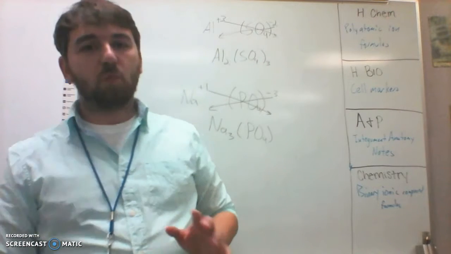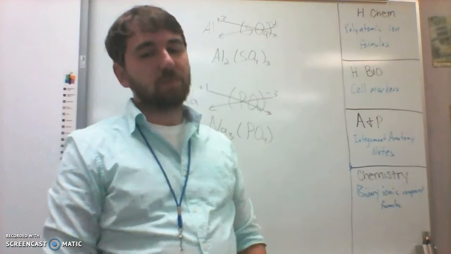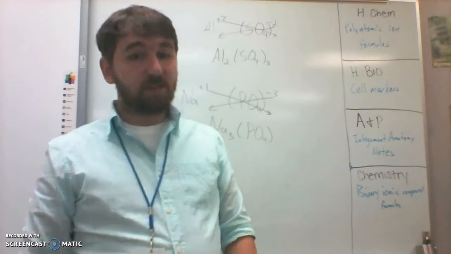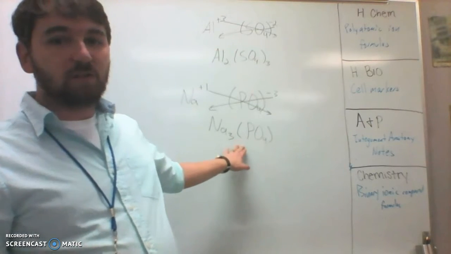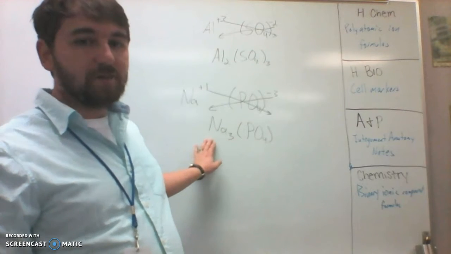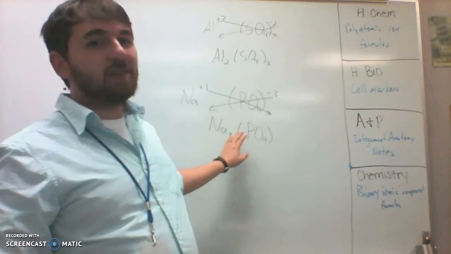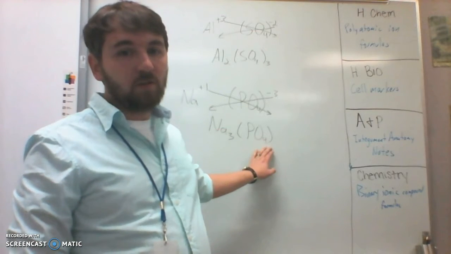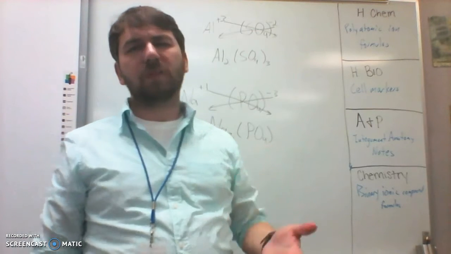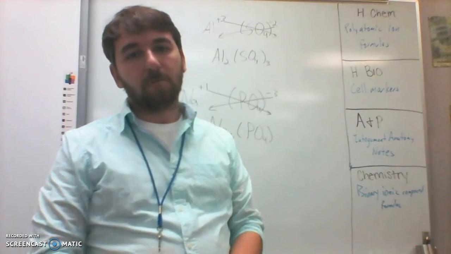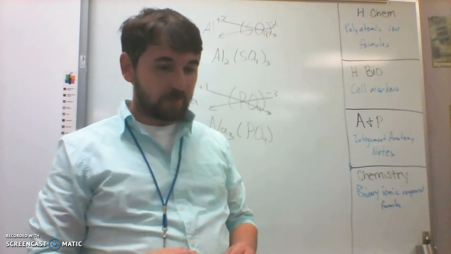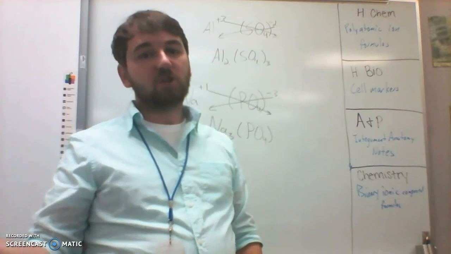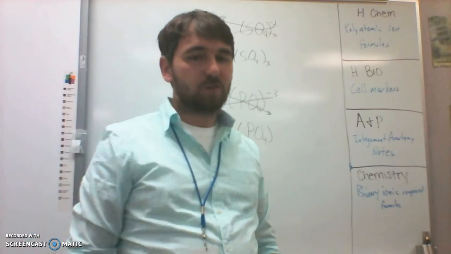We're going to be working with one positive polyatomic ion, that's ammonium, NH4+. And just remember, with our formulas, the positive ion goes on the left and the negative ion goes on the right. It'll be true when we get to naming as well, which we'll start tomorrow. It's really easy, so don't worry about it too much.